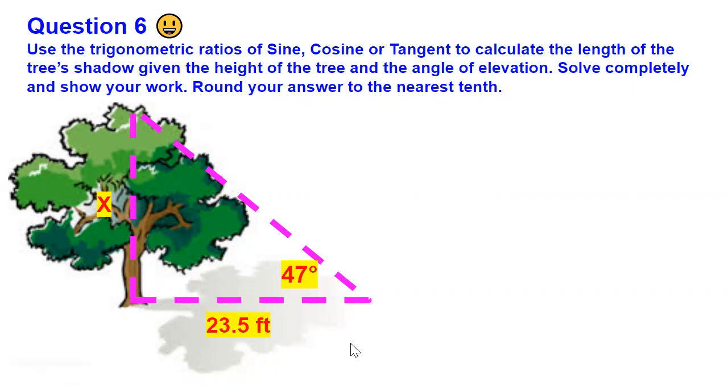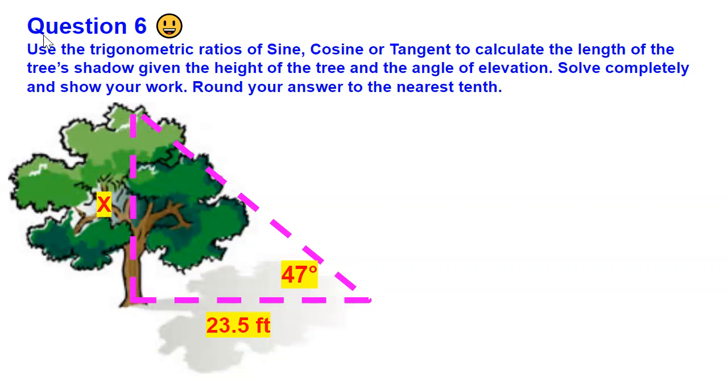The angle of elevation from the floor to the highest point of the tree is 46 degrees. We have to find the height of our beautiful tree.